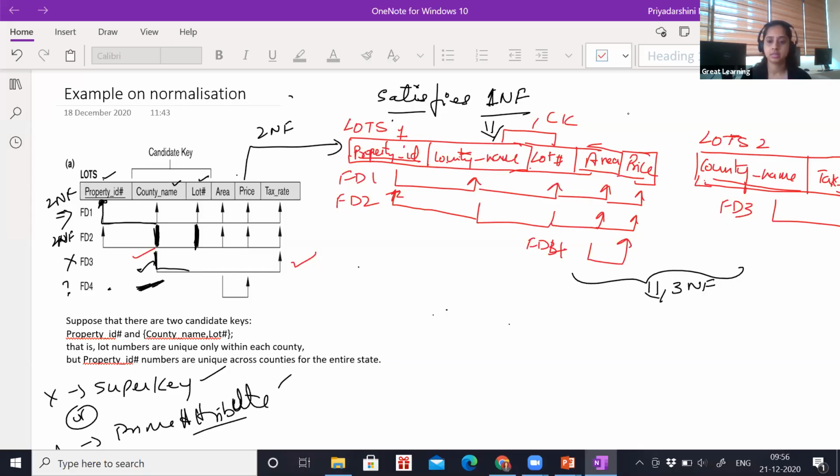Any other answer? Now you have to check in both the tables, lots 1 and lots 2. Is there any FD now violating 3NF? Why are there not many answers?